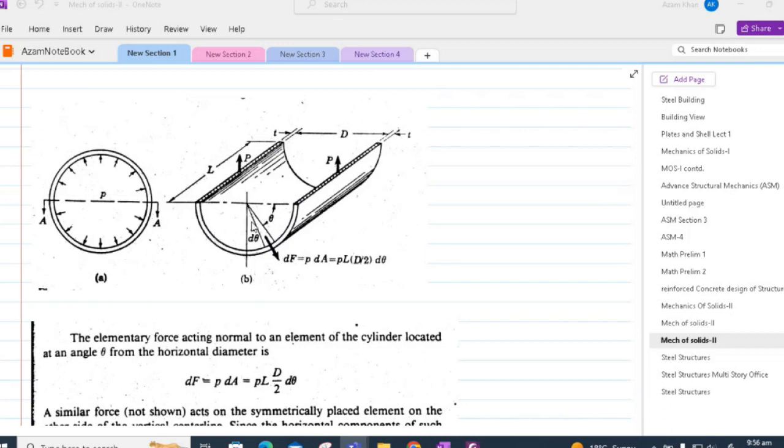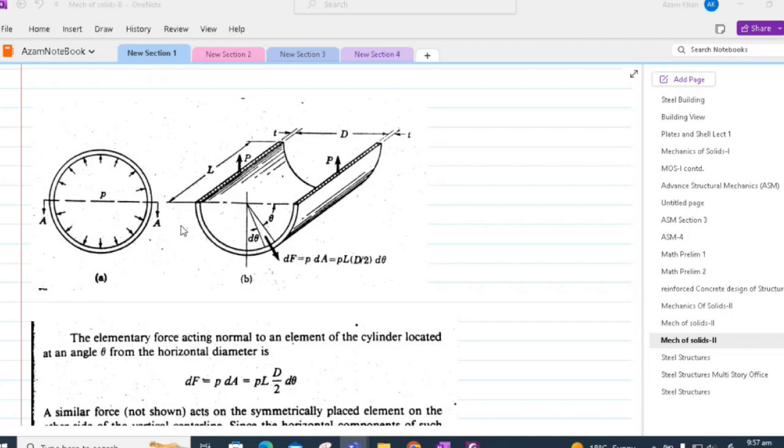Now, this small force will have a component in the horizontal direction and in the vertical direction. The horizontal components of the small differential elements will cancel out with the horizontal components of the differential elements acting on the left hand side of the vertical line.